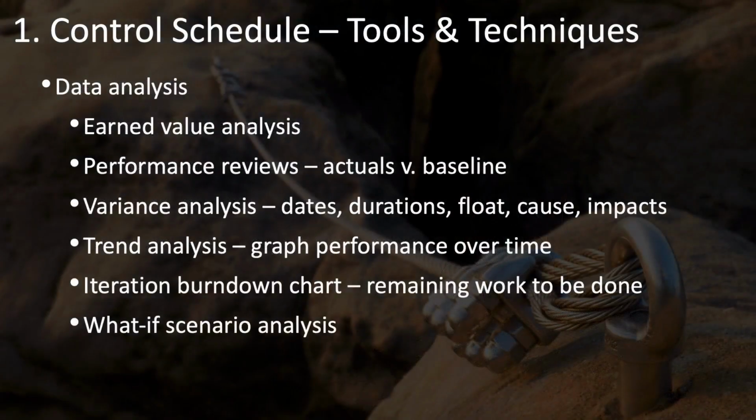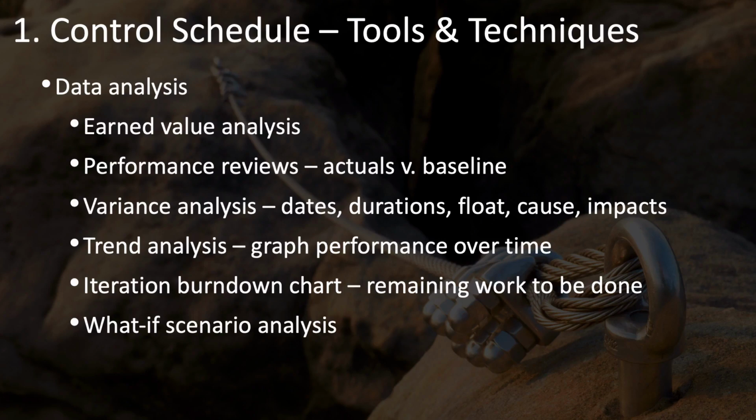For tools and techniques, the control schedule process has several in the category of data analysis. These include earned value analysis, performance reviews in which you compare actual data about schedule performance to the baseline, variance analysis in which you check for variances on starting and end dates, activity durations, float between activities, investigate the causes of variances, and assess the impacts on the overall schedule.